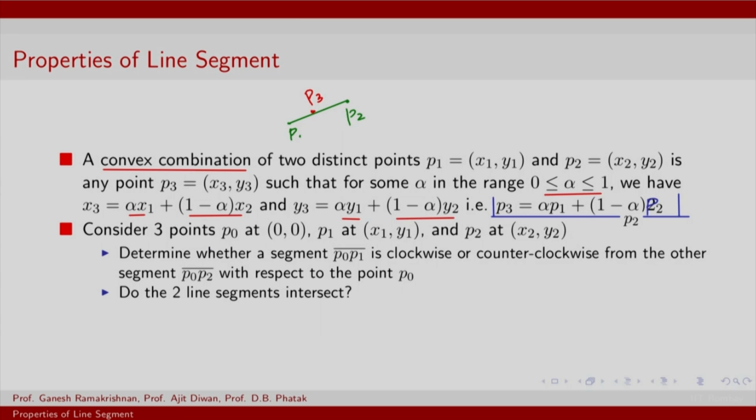So we will start with the simplest of inquiries. Given points P0, P1 and P2, and let us say for simplicity's sake we let P0 be just (0, 0), that is we set P0 to be the reference point, the origin, and our question is whether P1 P0 is clockwise or counterclockwise with respect to P2 P0, and this is how you depict it.